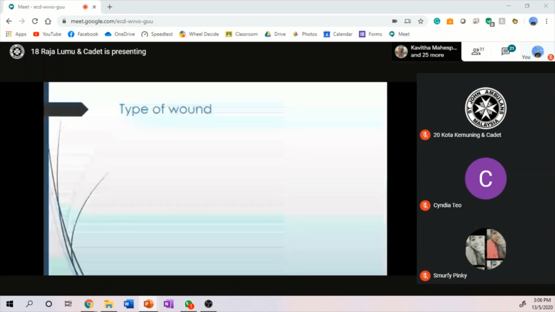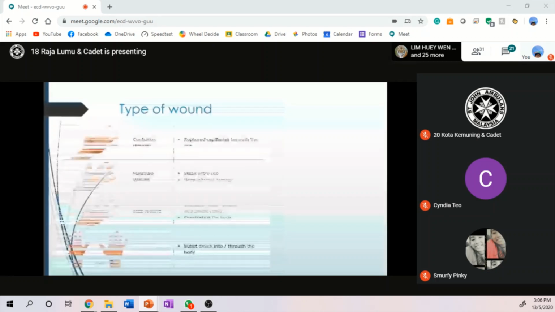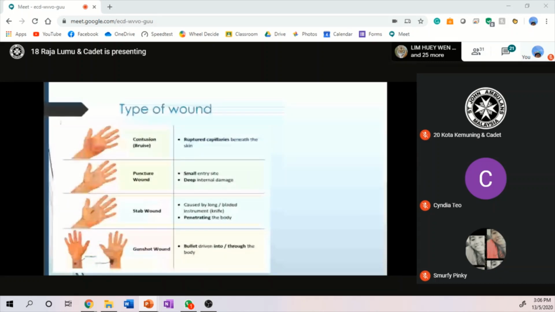And for the next one is contusion, or we call it a bruise. Ruptured capillaries beneath the skin, that means lebam in BM. And in BC we call it hatching.